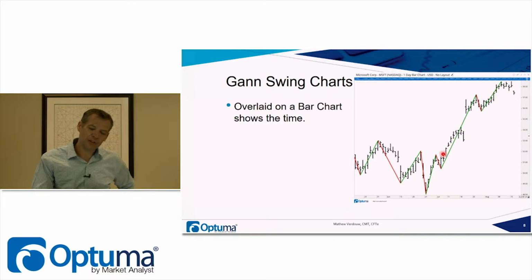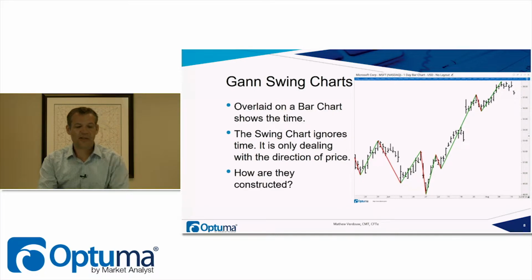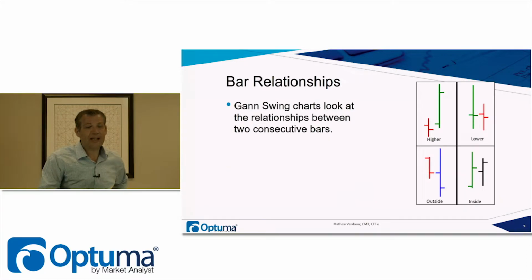This is really good because we can see the primary trend here, or there's probably a little bit short term to call it primary, but nevertheless, we can see the primary trend and the short term reactions that are breaking up that trend as well. So the swing chart ignores time. It's only dealing with the direction of price. Is it going up or is it going down? And that's it. So let's have a look at how they are constructed.